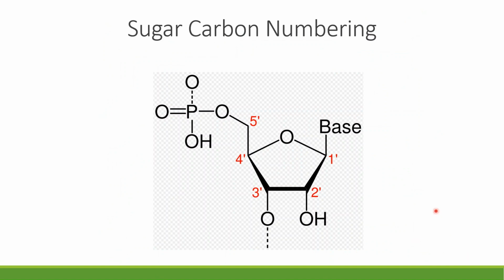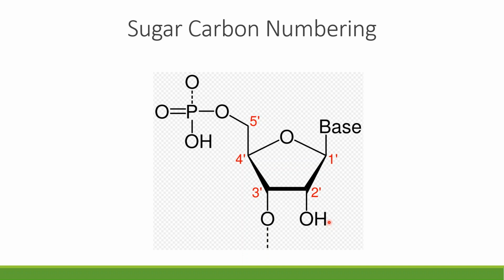And here's just another representation, again, to drill in how we name our carbons. So we always name the first carbon, the one that binds to the base. And then the second carbon is where it can either be a hydroxyl. So if you look at this, you should be able to identify this as a ribose. So this would be an RNA nucleotide.